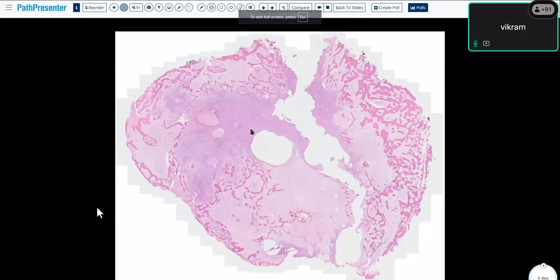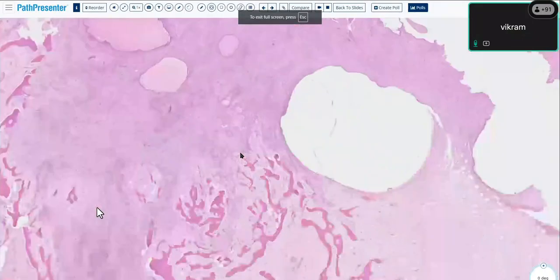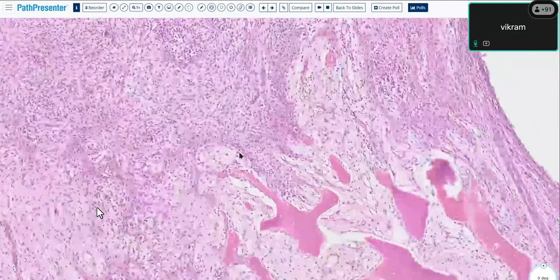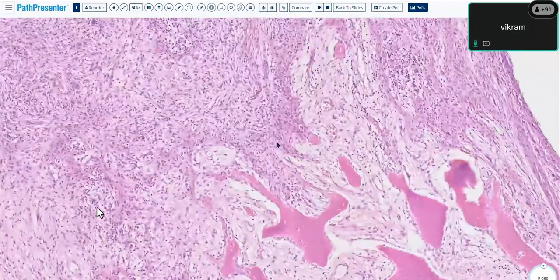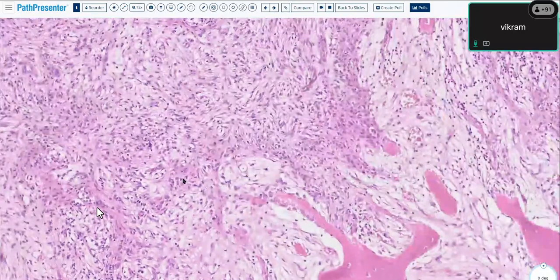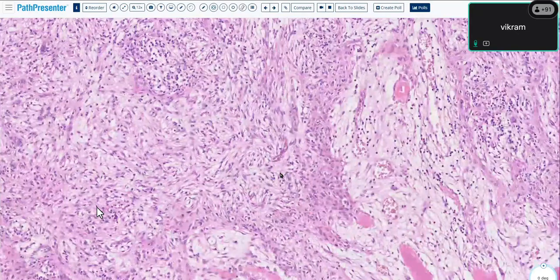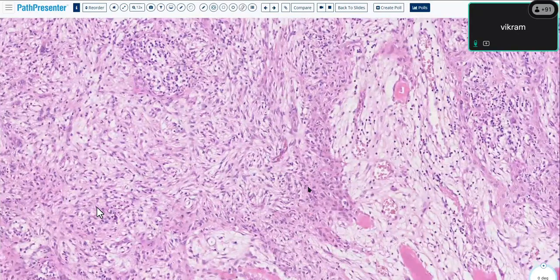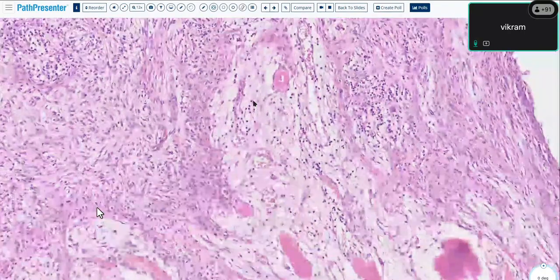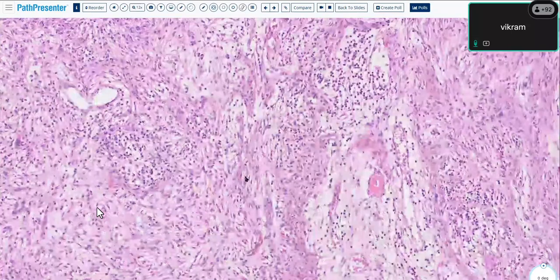If you go down to a very high power here in the center of the most immature component, you might mistakenly call this an osteosarcoma. And believe me, I have seen at least half a dozen examples, even in the last 5 years, of myositis ossificans being called osteosarcoma. And this isn't the worst example. This, in fact, was resected several months after it was detected.